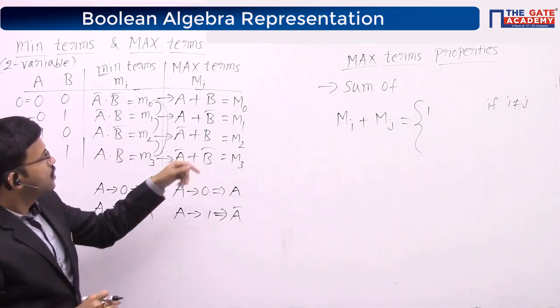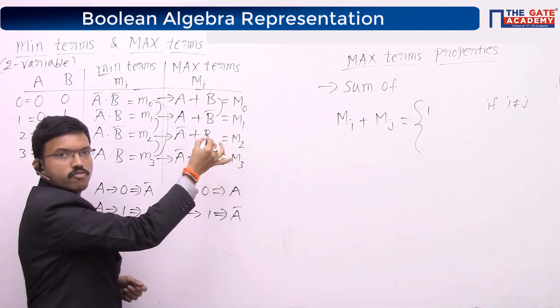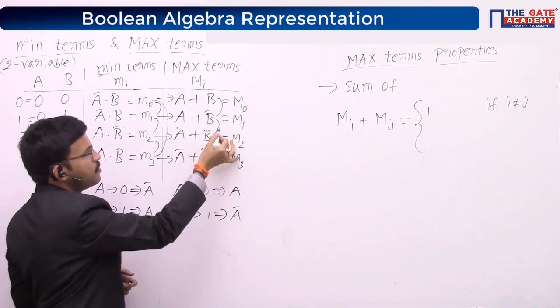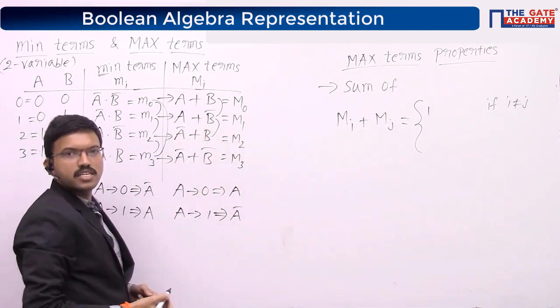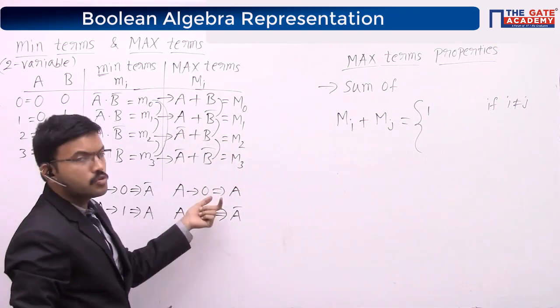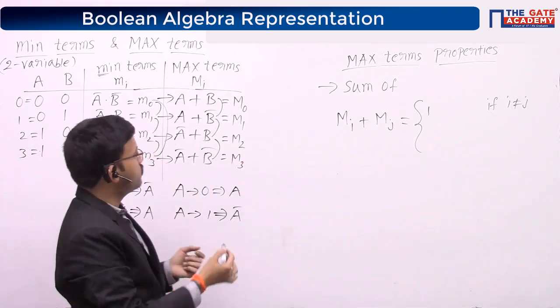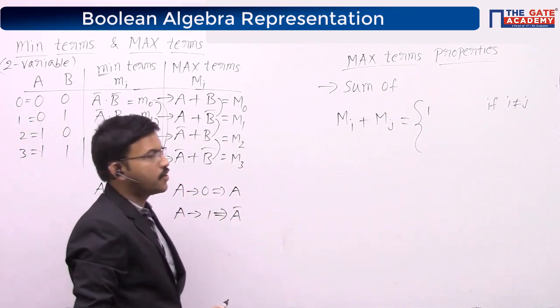Let us see. Here I am adding m0 with m1. That means b plus b bar is 1, 1 plus anything is 1. Similarly here, b plus b bar is 1, 1 plus anything is 1. Similarly here also. Okay, if you are adding two different maxterms, you will get output as 1.